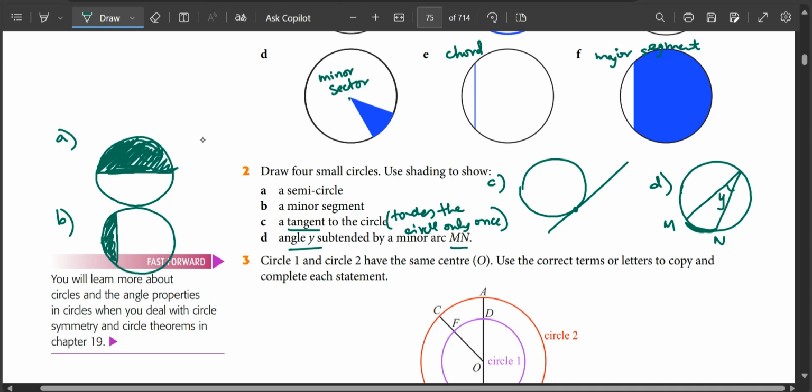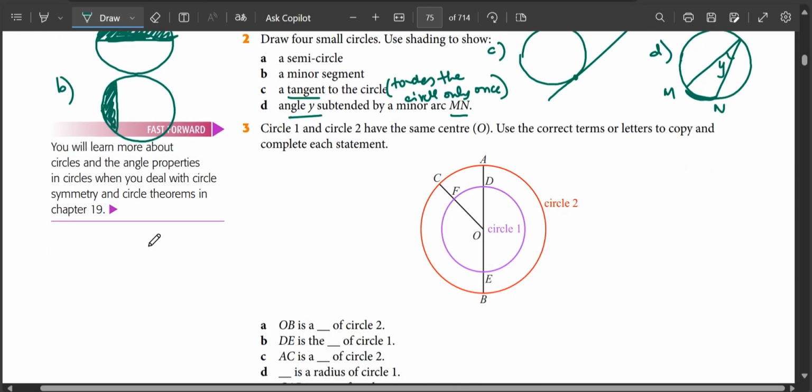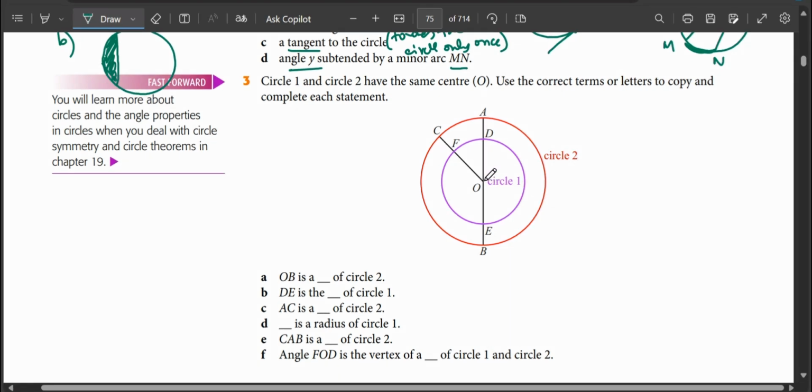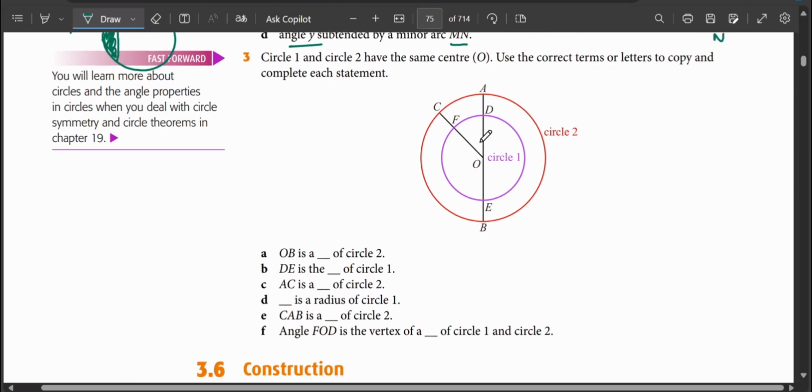Question number 3, circle 1 and circle 2 have the same center. Circle 1's center is this and circle 2's center is also this. That means both of them are using the same centers. Okay, use the correct terms or letters to copy and complete each sentence. Okay, so for that, OB is a dash of circle 2.